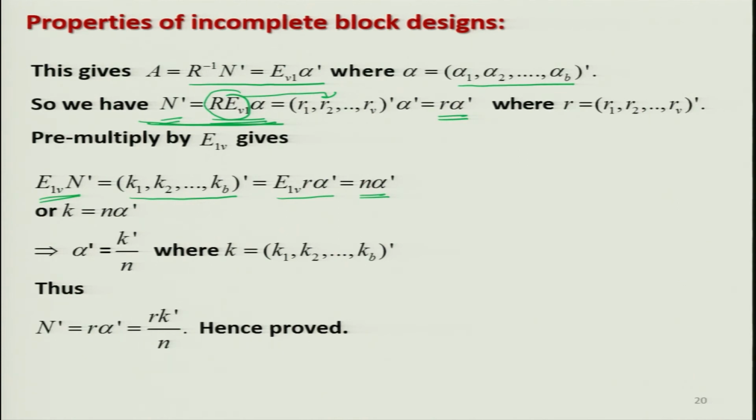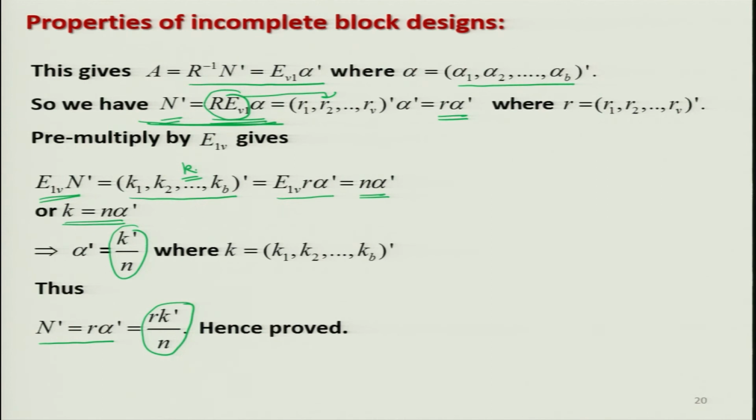So, I can say that this is actually K, that is the column vector of K1, K2, ..., KB. So, this K is equal to N into alpha transpose, and so this alpha transpose becomes K transpose upon N, and so N transpose becomes R alpha transpose, which is now equal to R K transpose upon N.